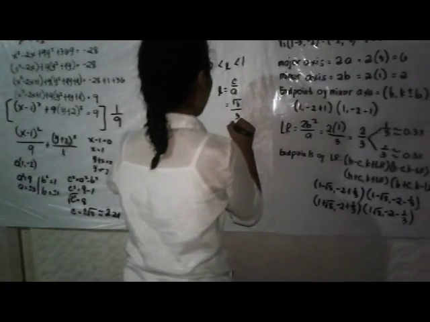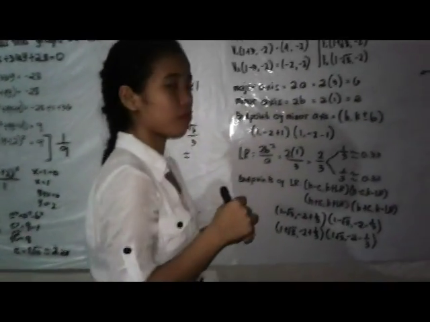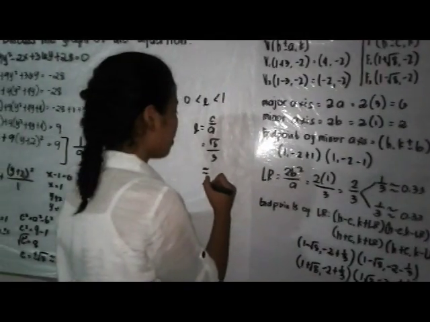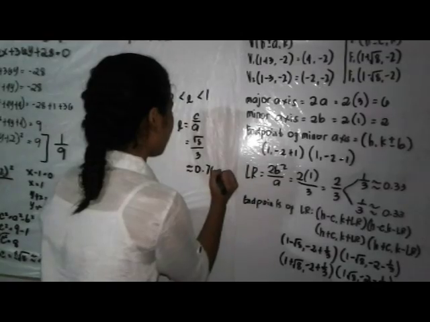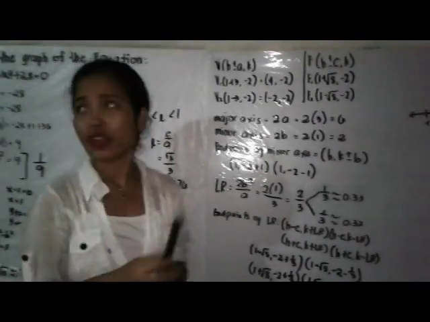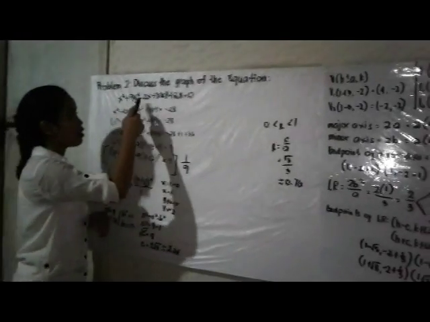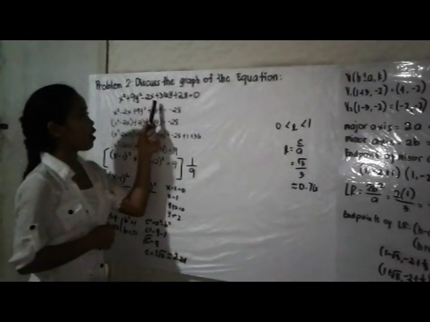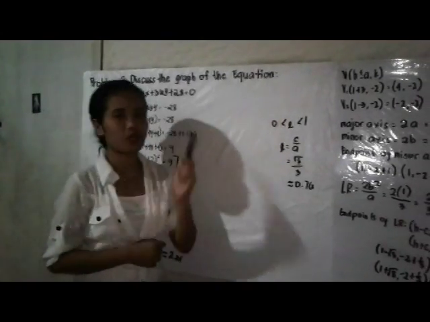And approximately, it is equal to 0.76. So we are done finding the equation of x squared plus 9y squared, then negative 2x, positive 36y, and positive 28 is equal to 0.